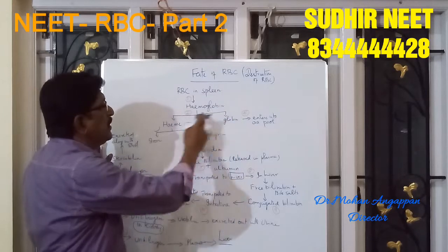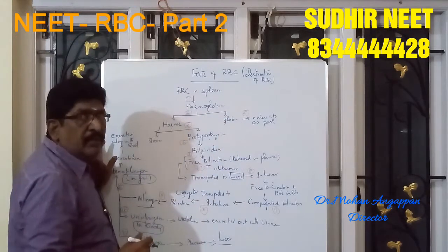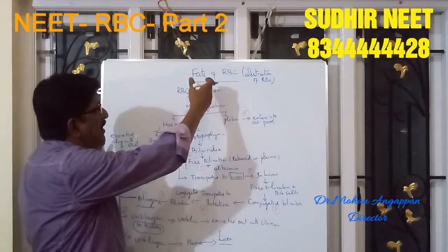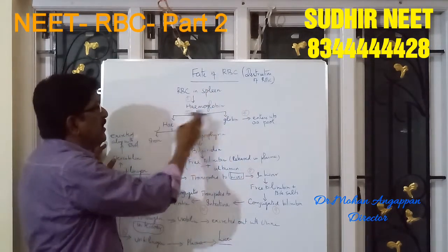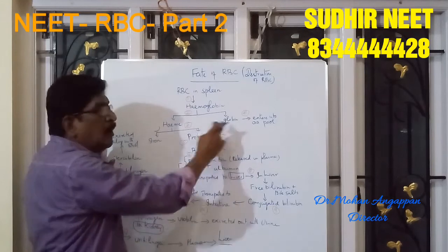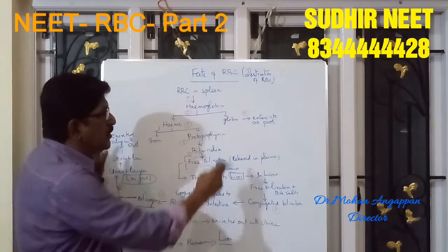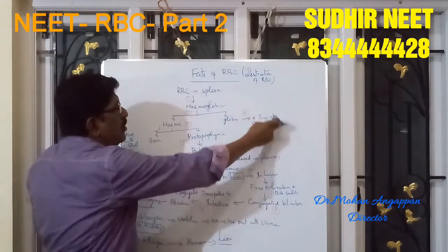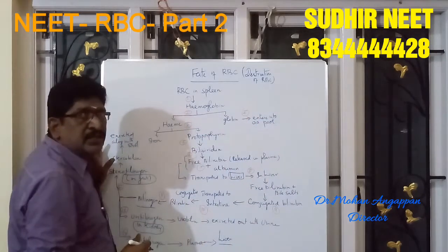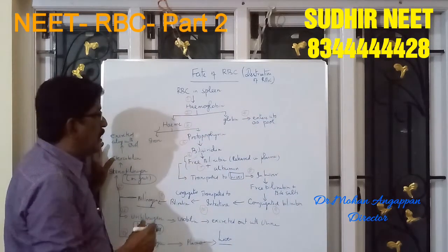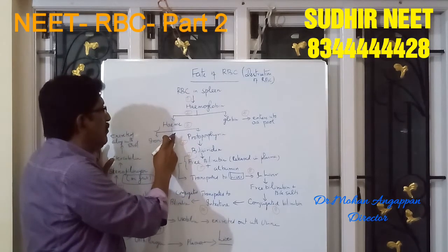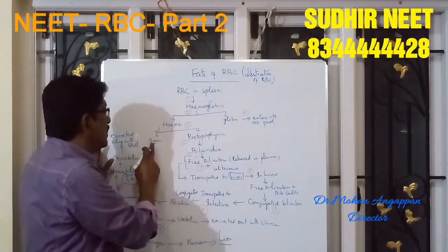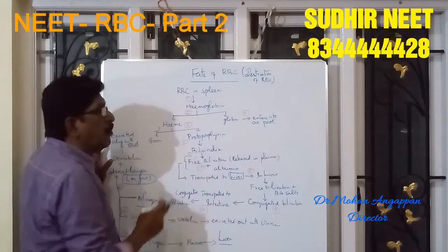You know, hemoglobin is a conjugate protein. When it enters the spleen, the hemoglobin in the RBC is split up into heme and globin. This globin enters the amino acid pool in the body stream. The heme divides into two parts, iron and protoporphyrin.